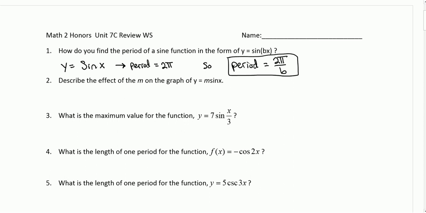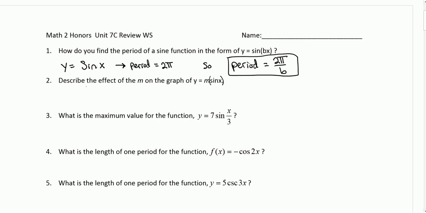Number 2, describe the effect of m on the graph of y equals m times the sine of x. Normally that's what we call the amplitude. If we just had y equals sine of x, it reaches a height of 1 and a depth of -1. But by multiplying by m, that becomes the new height and the new depth.